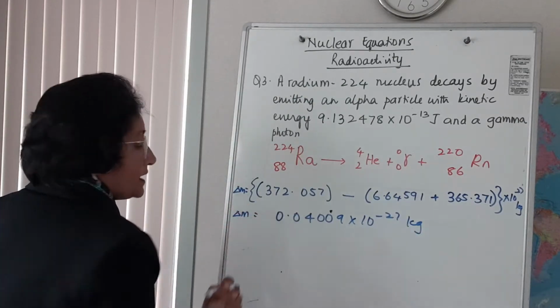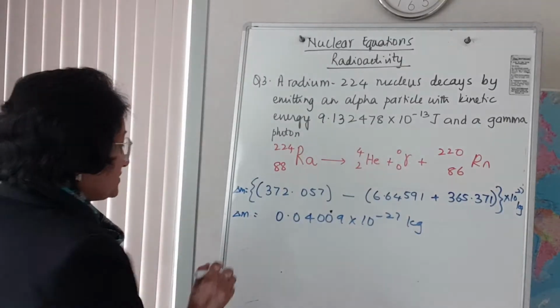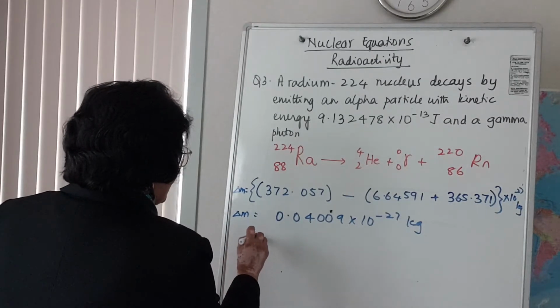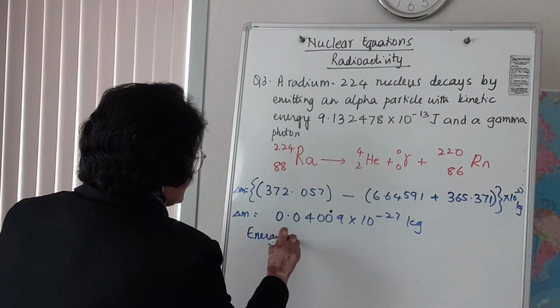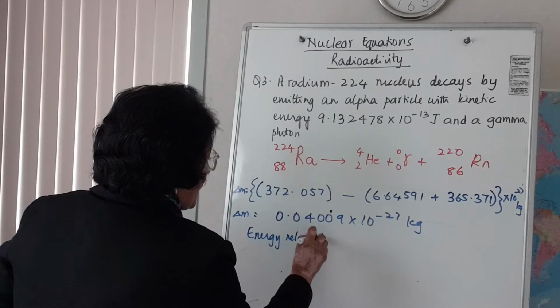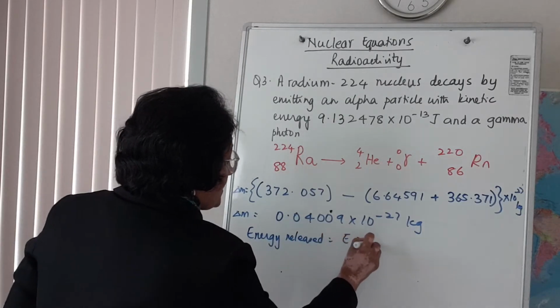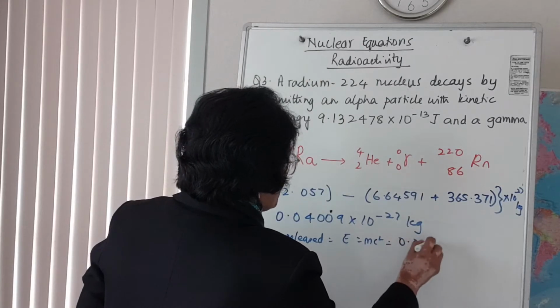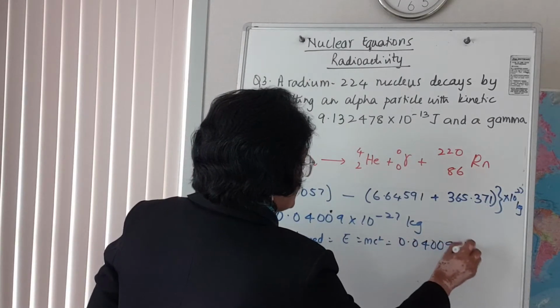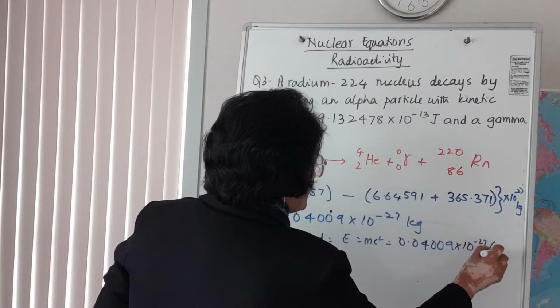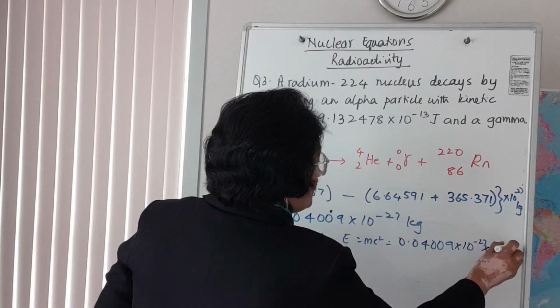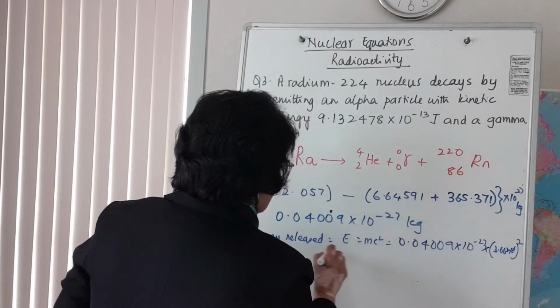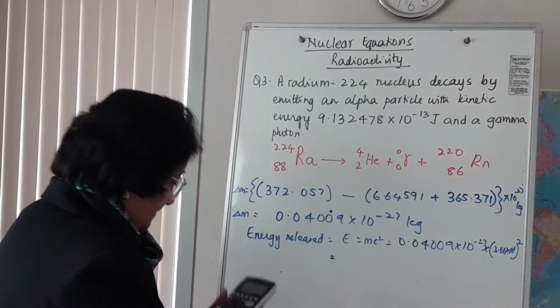In order to get the total energy released, which is the kinetic energy, I've got to use E equals mc squared. So that's 0.04009 times 10 to the power of negative 27 times the speed of light squared. And what do I get?